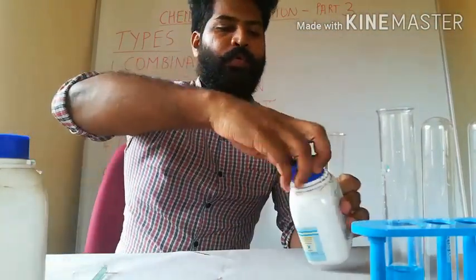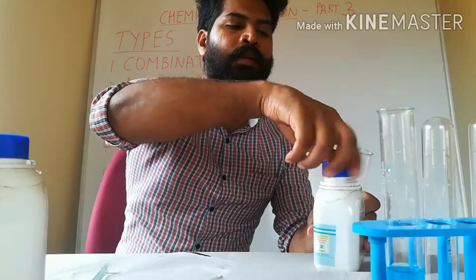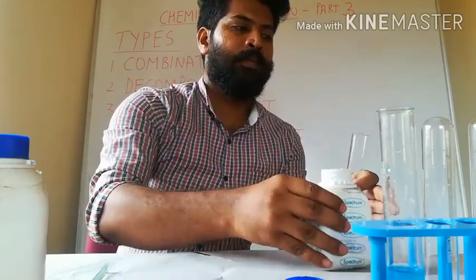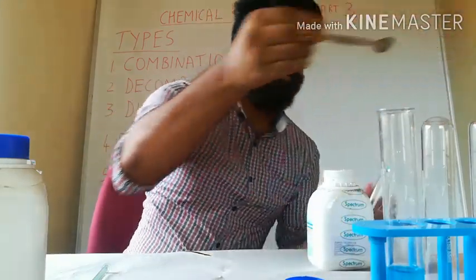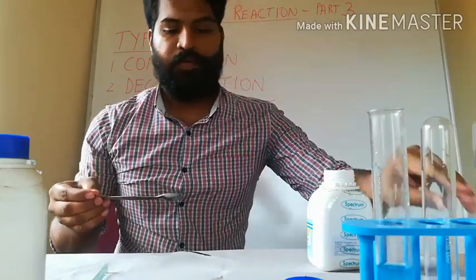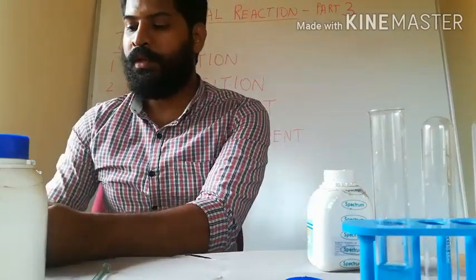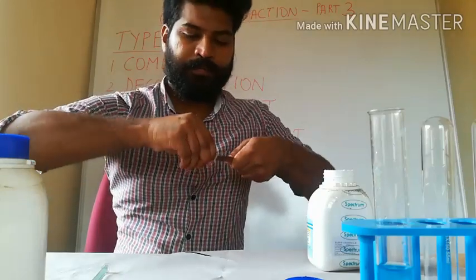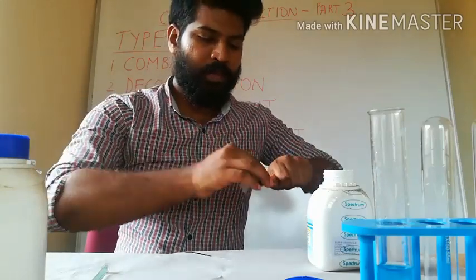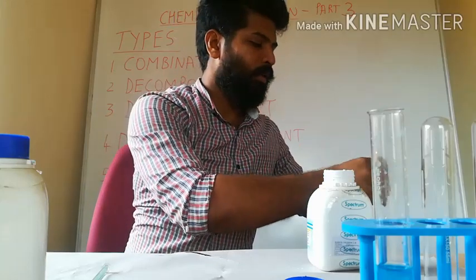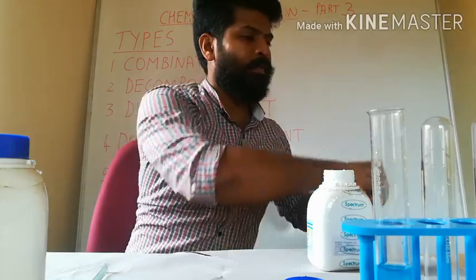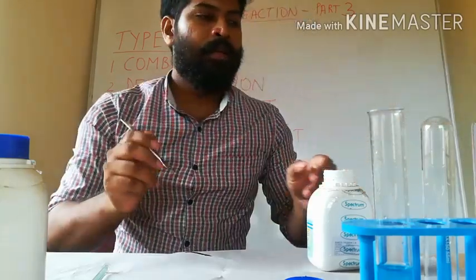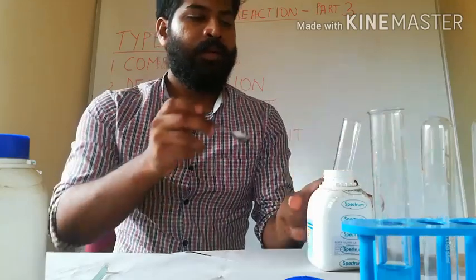So we take our barium chloride, and before we use the spatula, we should always clean it thoroughly so that there are no other crystals, right? And we take our test tube.